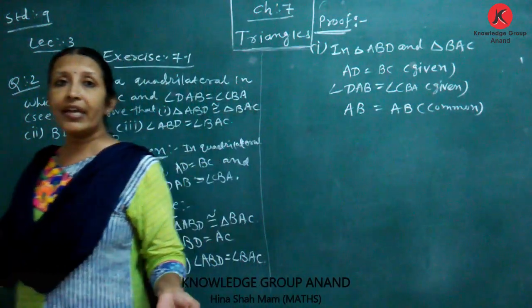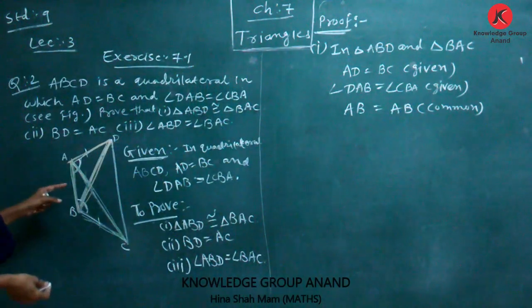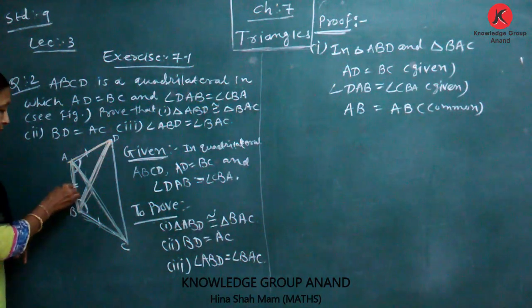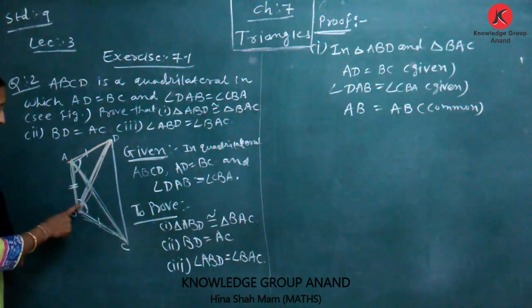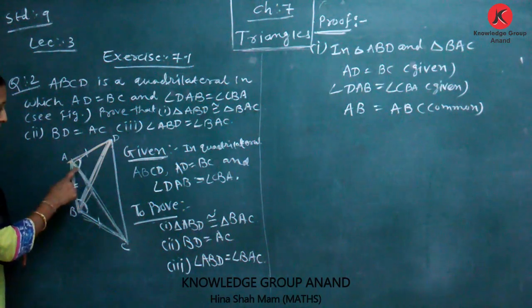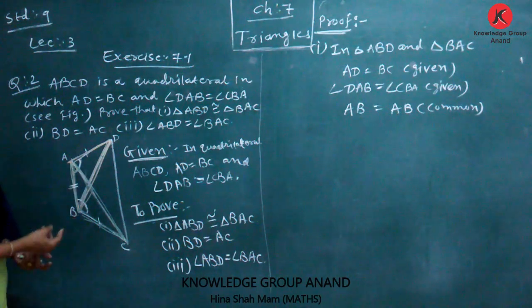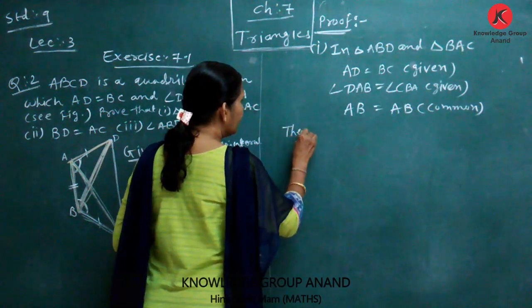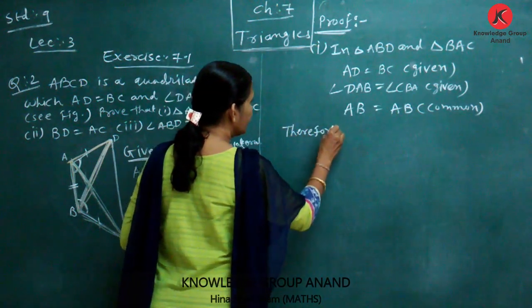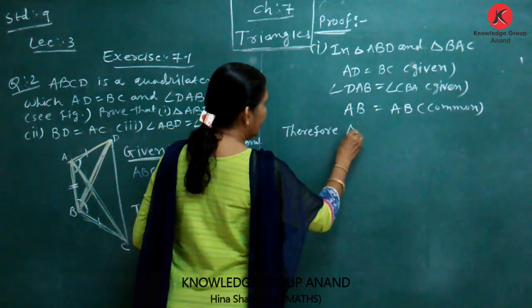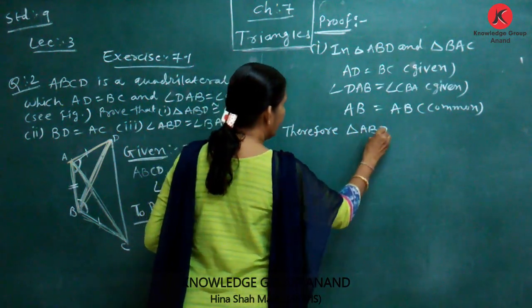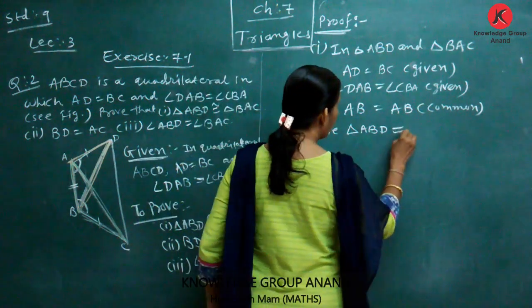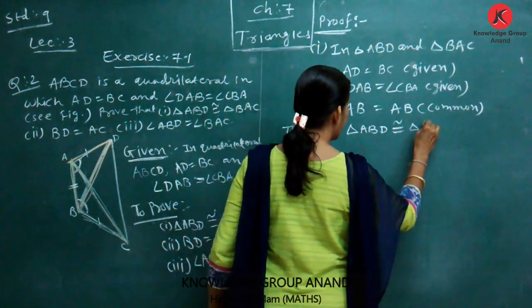By which criterion are both triangles congruent? Side, angle, side. Then we say that, therefore, triangle ABD is congruent to triangle BAC.